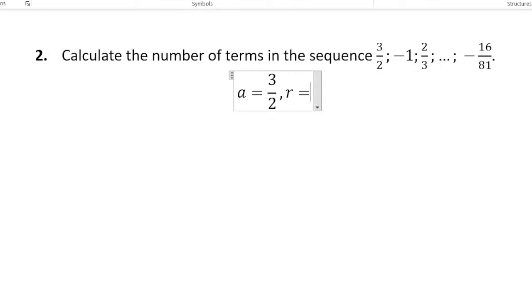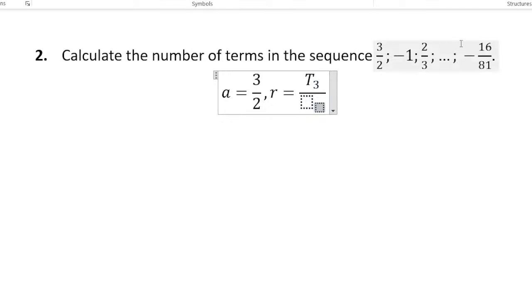In this case, I will use term 3 divided by term 2, because for me that one is the easiest.